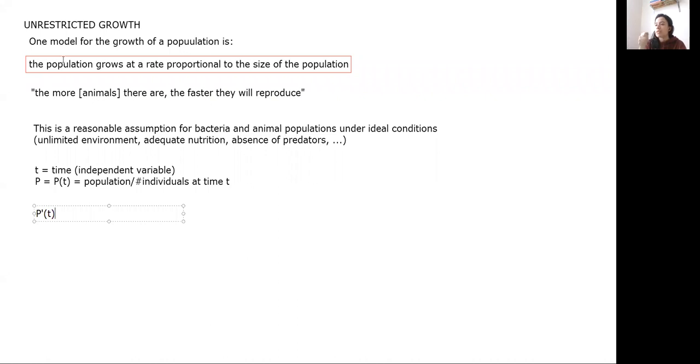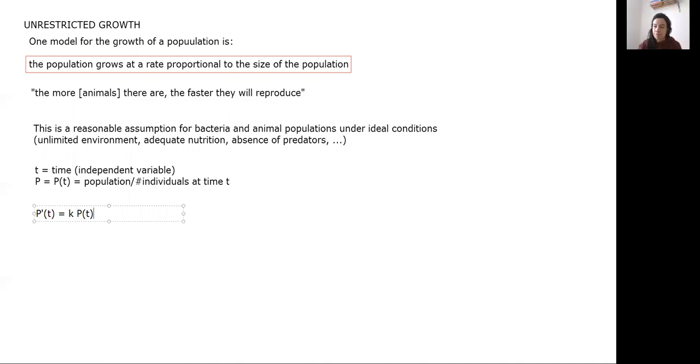So the population grows means the derivative, the rate of change, is proportional. So it's proportional means there's some number, which I'm going to denote by k, times the size of the population, right? So it's the size of the population multiplied by some constant. So it's proportional to the size of the population, which is p of t.